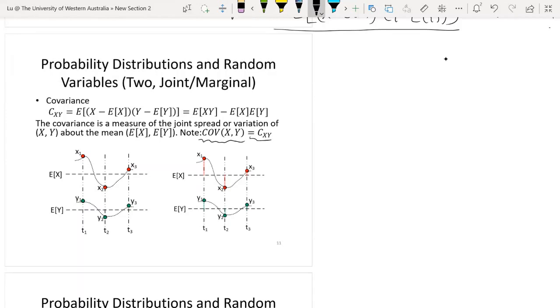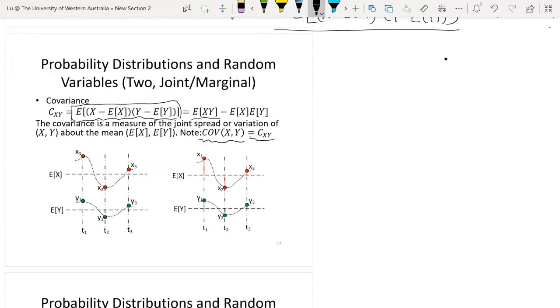So these two notations are the same with each other. And we have mentioned the covariance is calculated by using the first order central moment formula. This is introduced in the first slide, and I skipped that part.